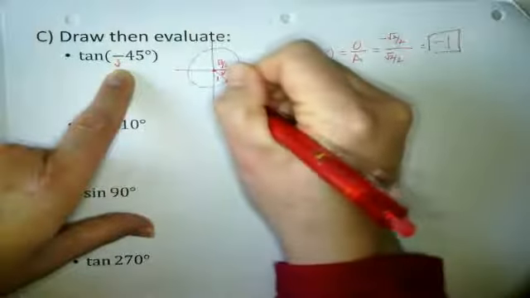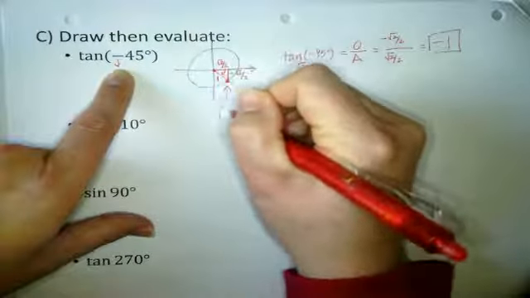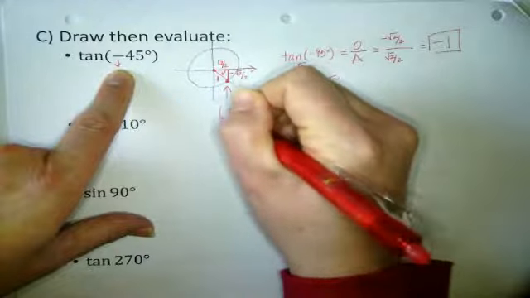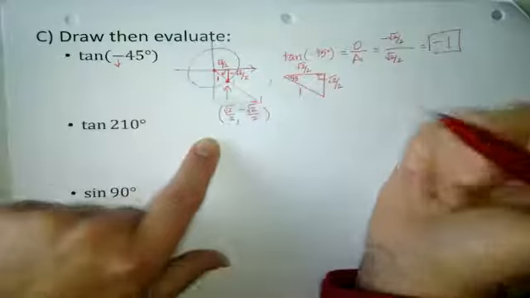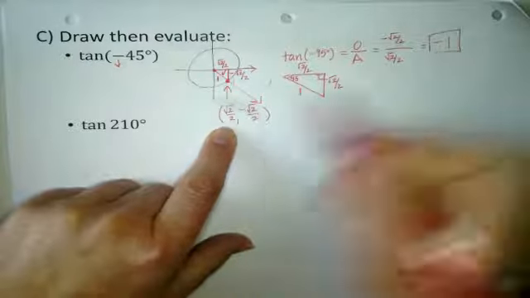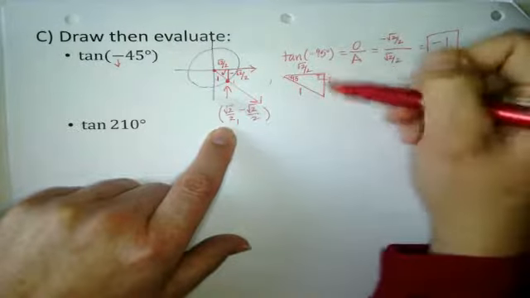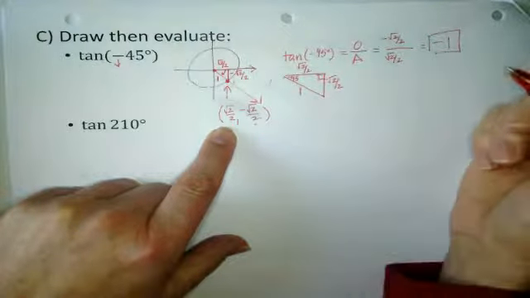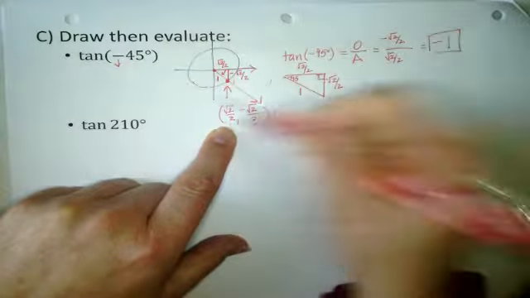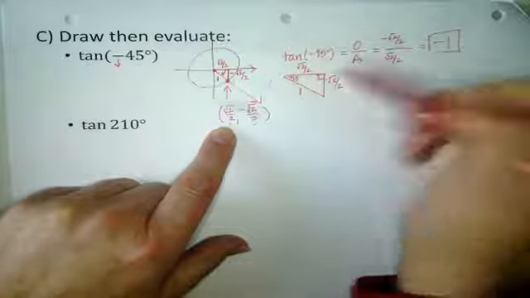So I know that that ordered pair right there on my unit circle is radical 2/2 and negative radical 2/2. It turns out that what we just did, the opposite side was really the y coordinate. And the adjacent side was really the x coordinate.